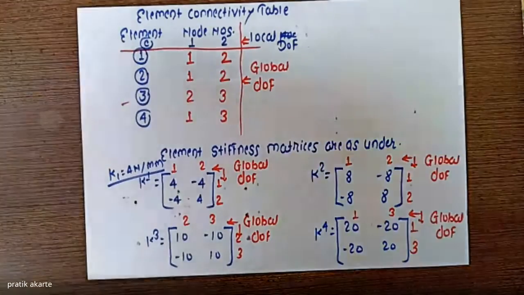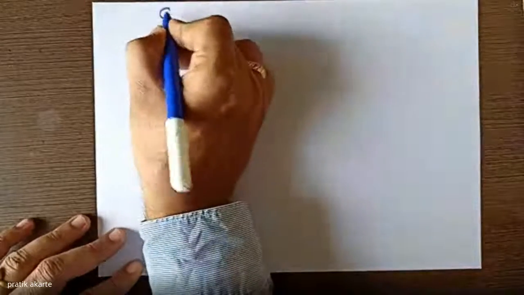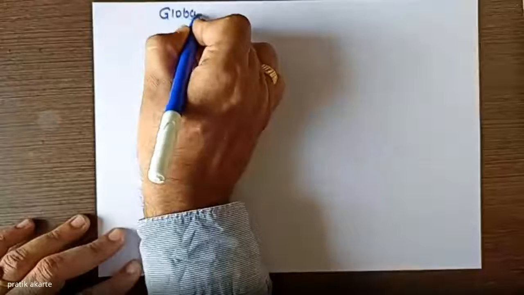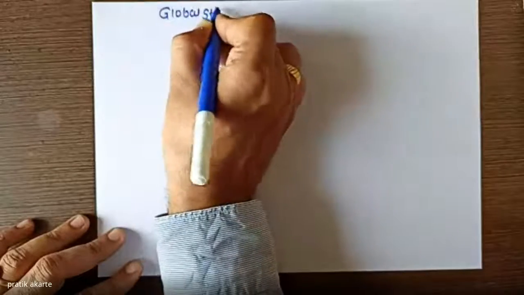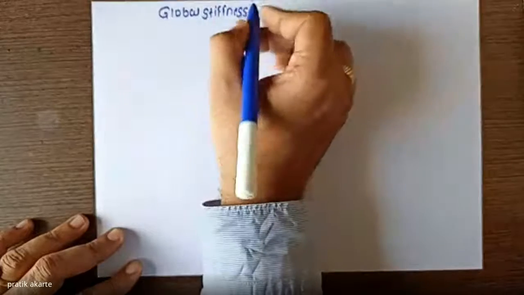So let us construct the global stiffness matrix, which will be a complete picture of the continuum.